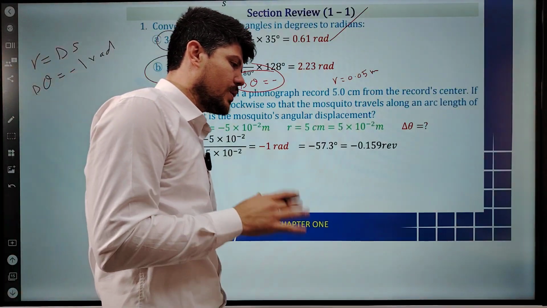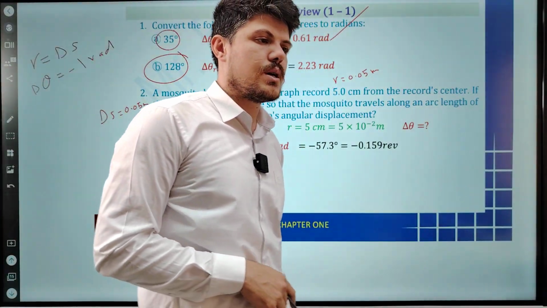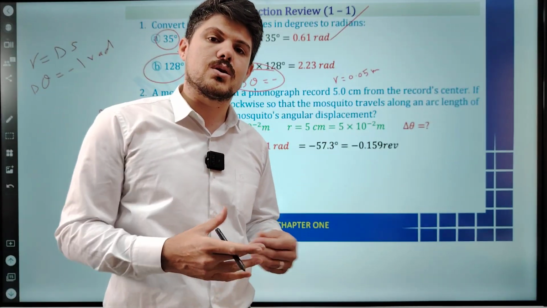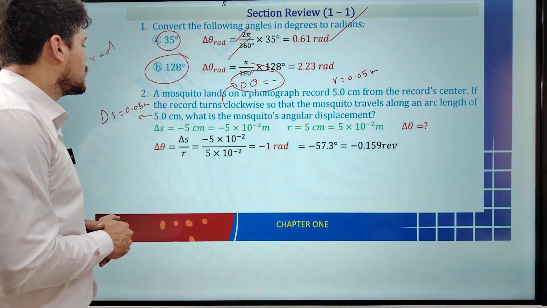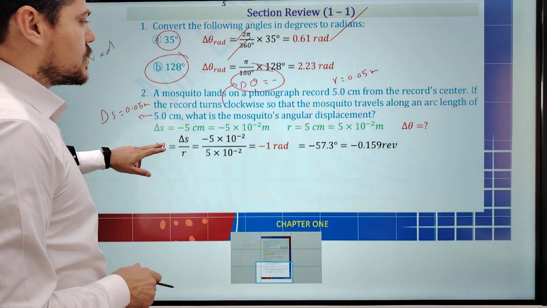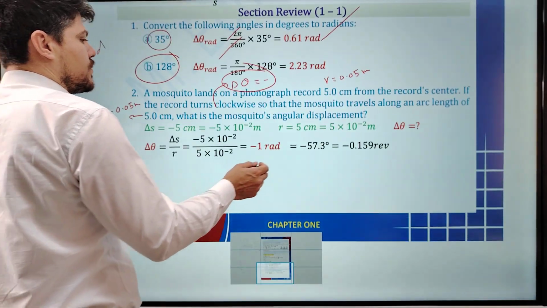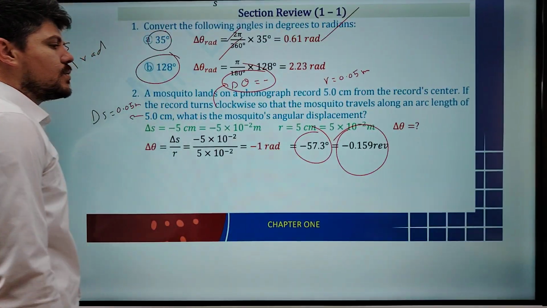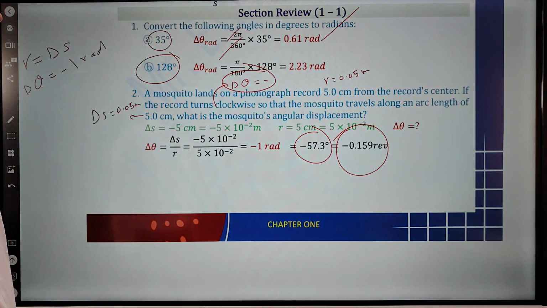When is the angular displacement theta equal to 1 rad? In the case when the arc length is equal to the radius. This is equal to 57.3 in degrees, or negative 0.159 rev.